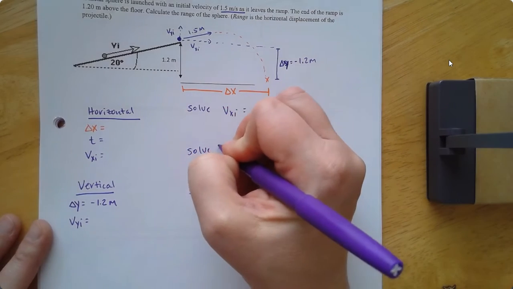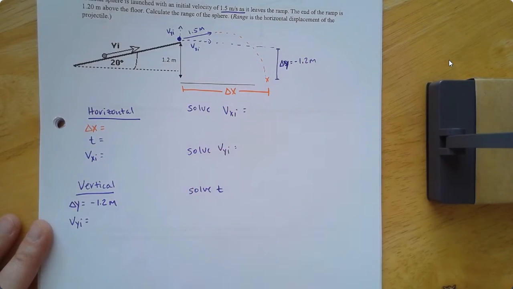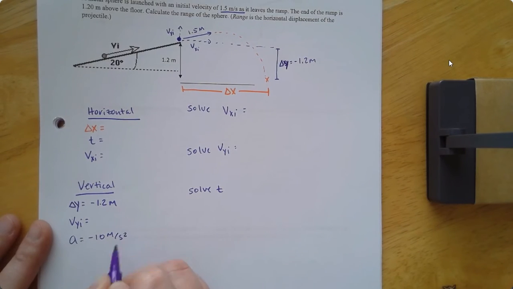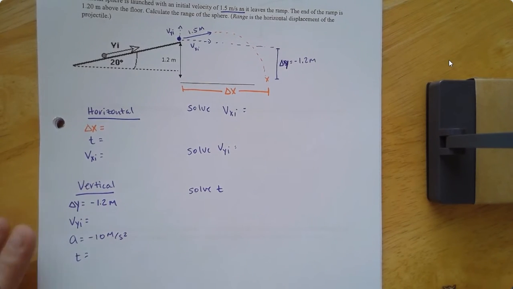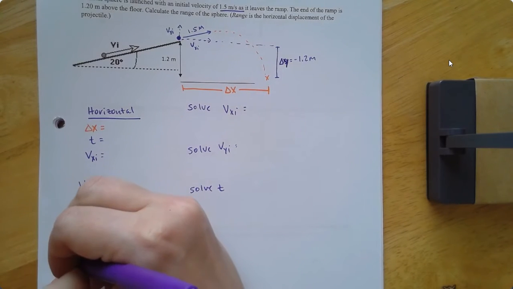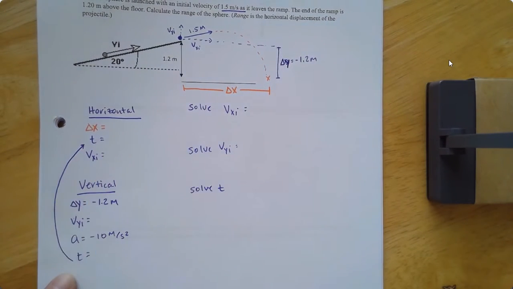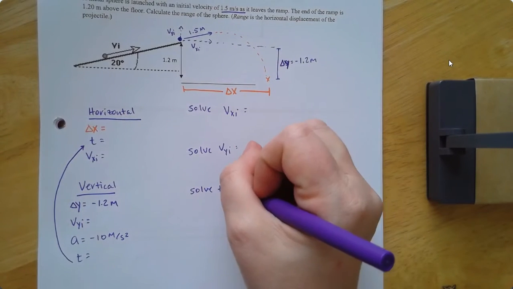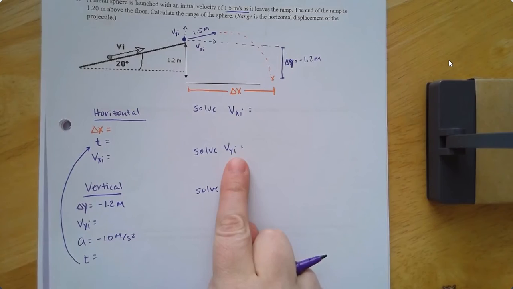And then we know acceleration due to gravity is minus 10 meters per second squared, and then maybe we can solve for time. So if we solve for our velocities and then use that velocity in our vertical stuff to solve for time, then we can put time up here with our horizontal stuff, and that'll let us solve for our change in position. So let's start with our velocities.